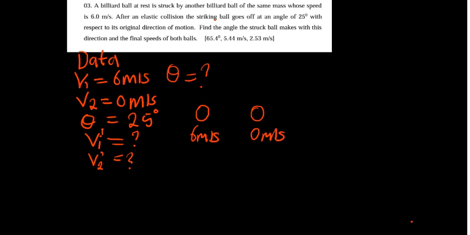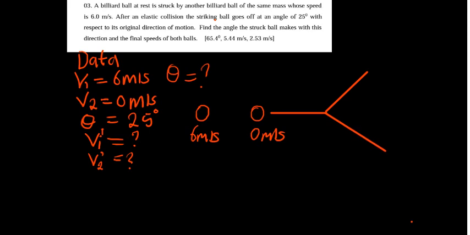After the collision, we are told that ball 1 went off at an angle above its original direction of motion, meaning it went this way. And it is obvious that the second ball also went off at an angle which is opposite to the angle of the first ball.